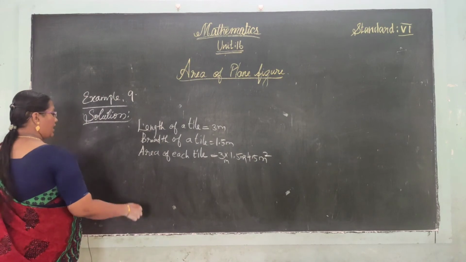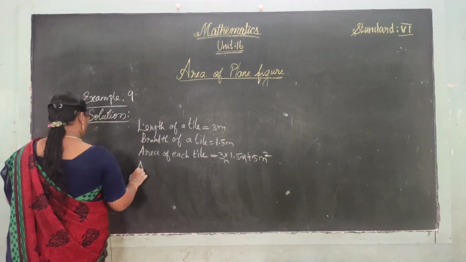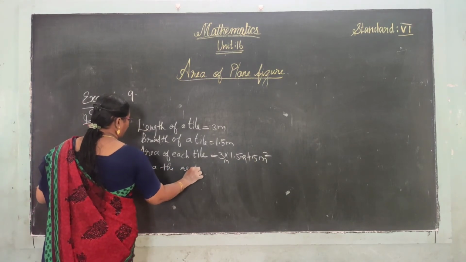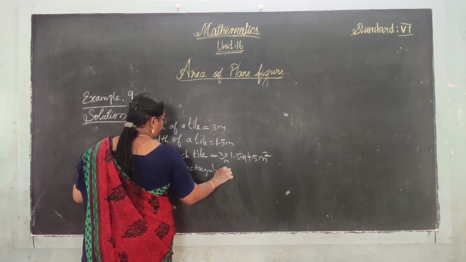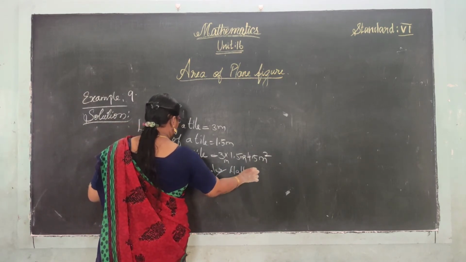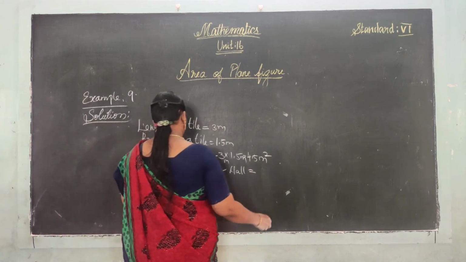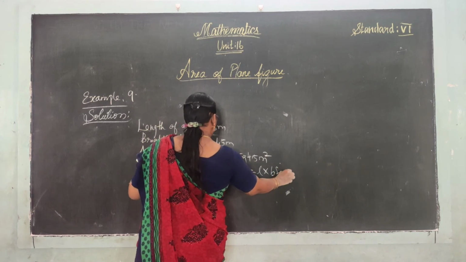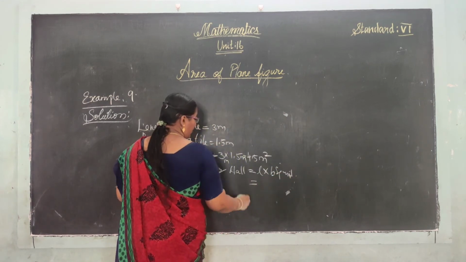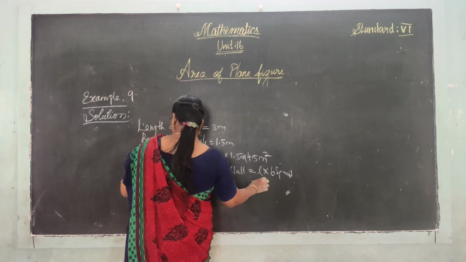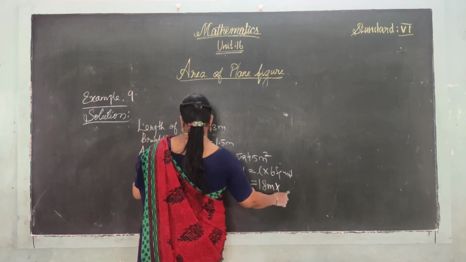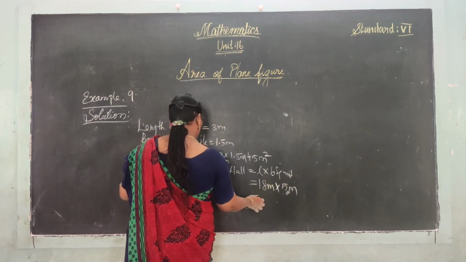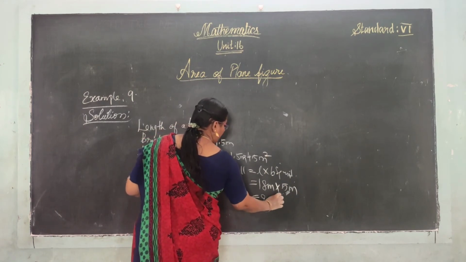Next, area of the rectangular hall is equal to length into breadth square unit. Length is 18 meter, breadth is 5 meter. So 18 fives are 90 meter square.